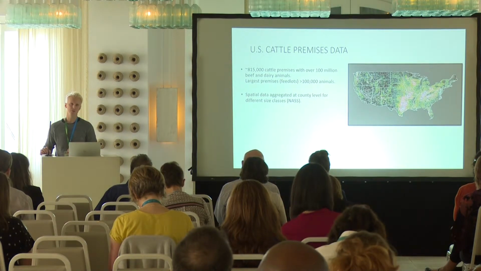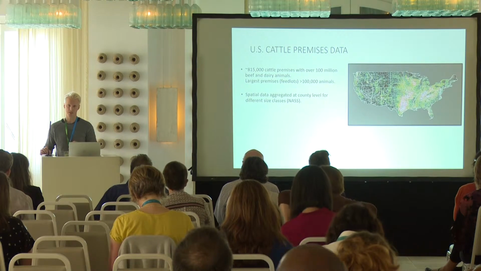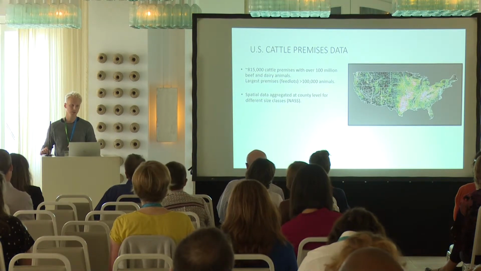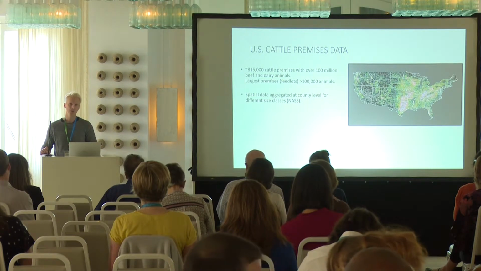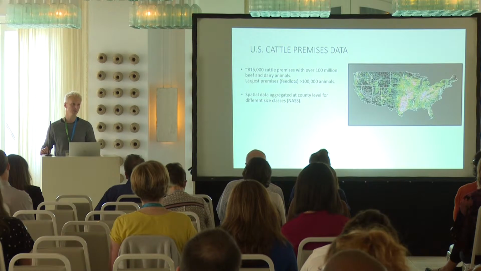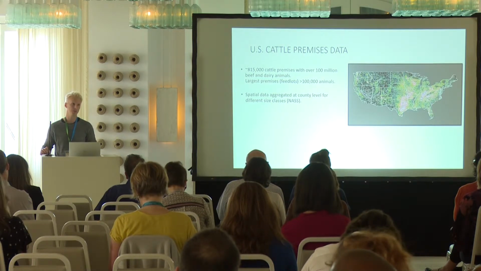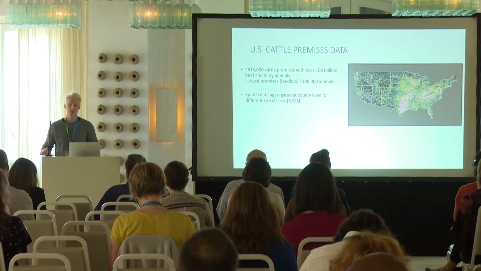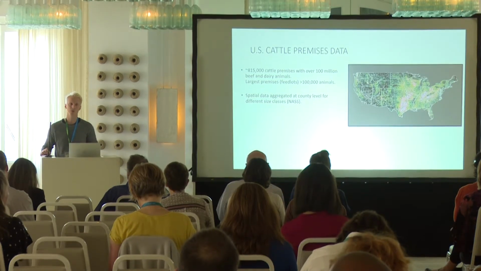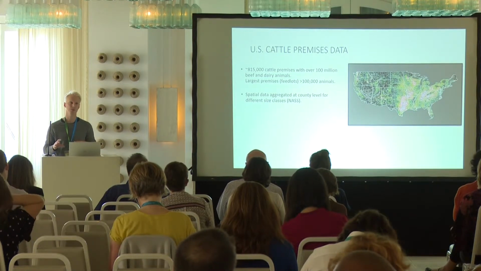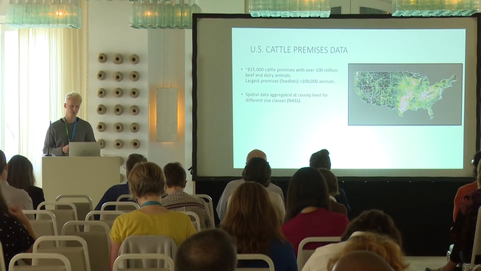We don't know where the farms are precisely. There is no data for that. What we know is the number of farms per county divided into a set of discrete size classes. But of course, to be able to model an infectious disease spreading between individual premises, we also need to know their locations.